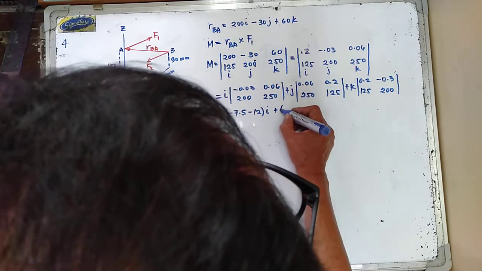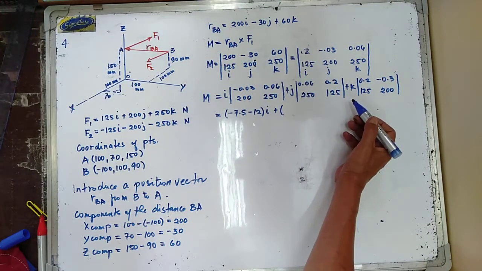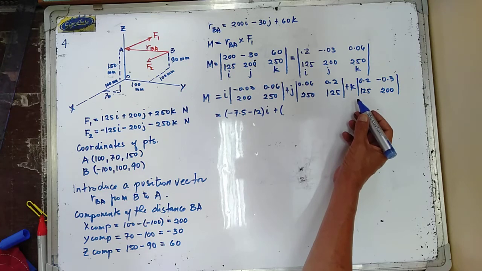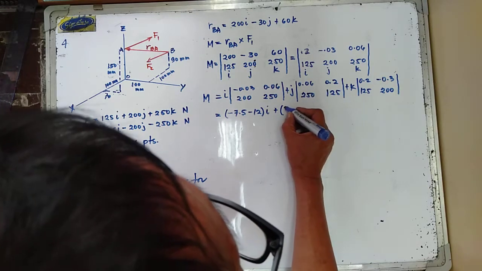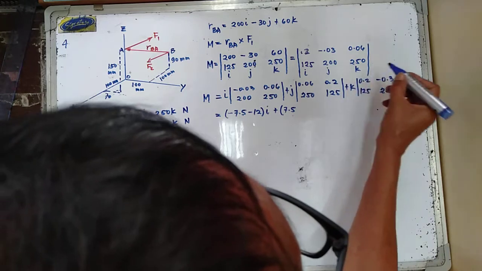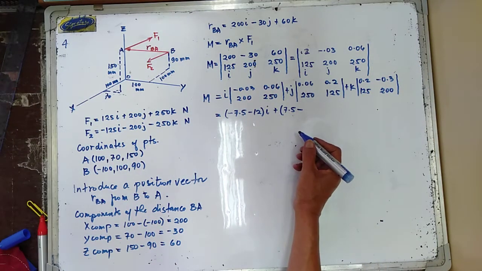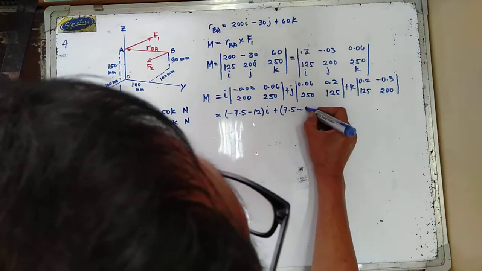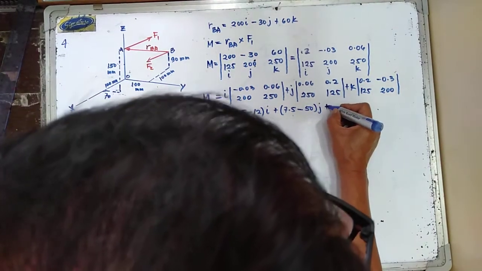We have plus 0.06 by 125, equal to 7.5, minus 0.2 by 250, which is equal to 50, and this is now your j.